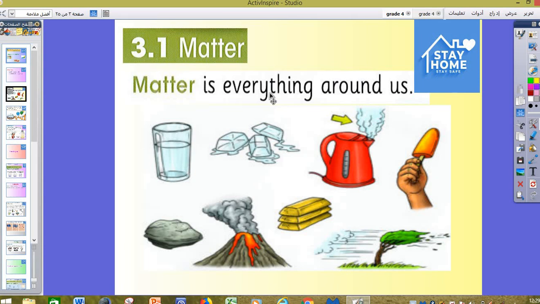Matter is everything around us. And this matter may be living things like plants and animals, or non-living things like water, gas, rocks, and all this stuff that you can see. So we understand what we mean by matter. Matter is everything around us.